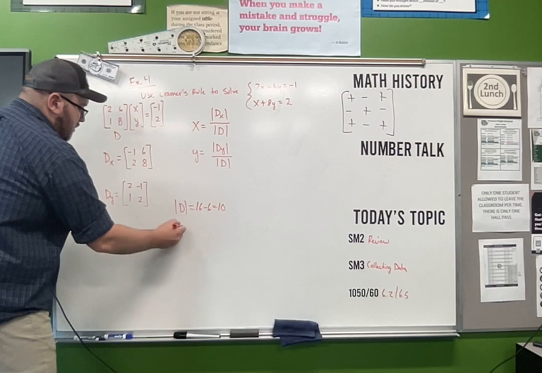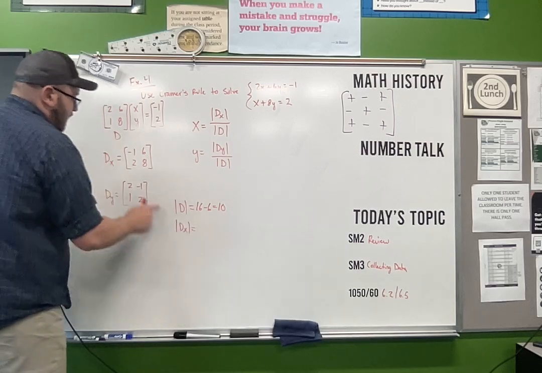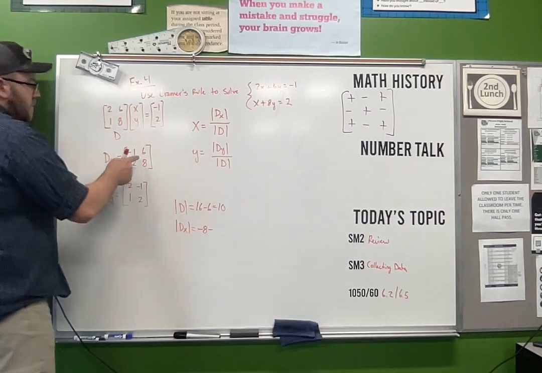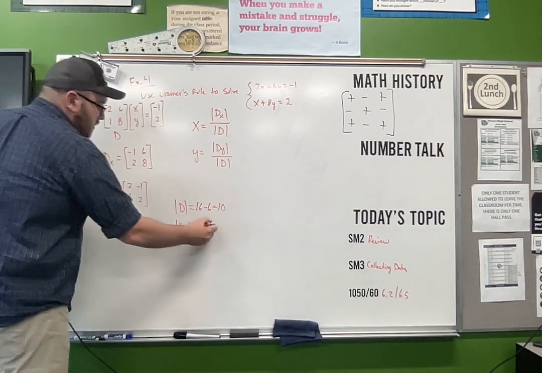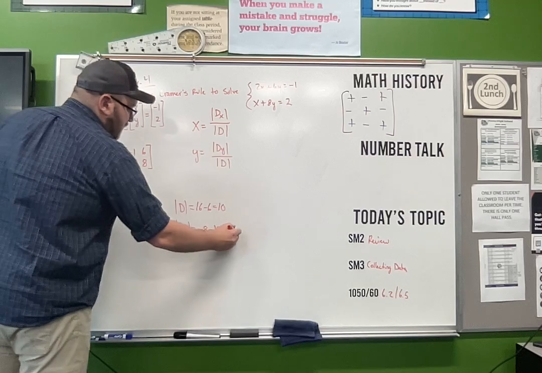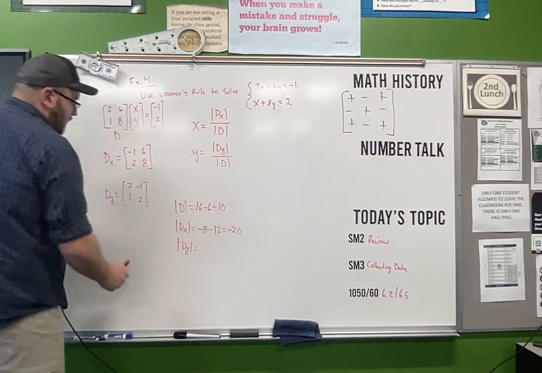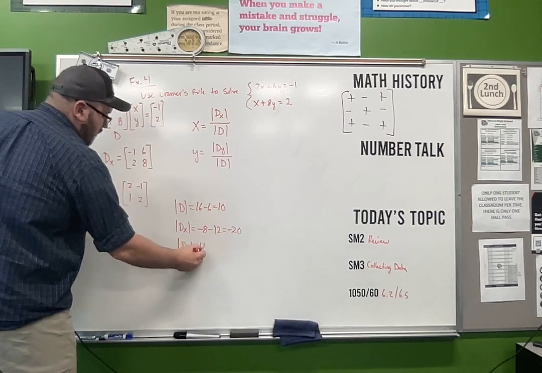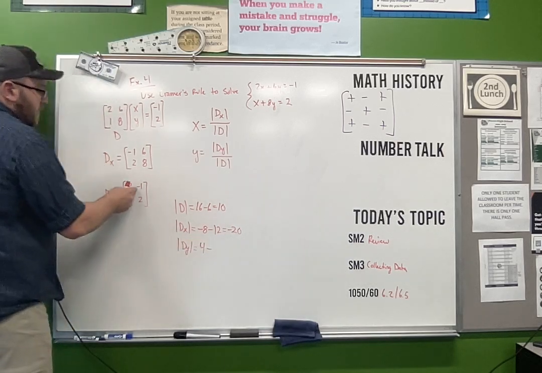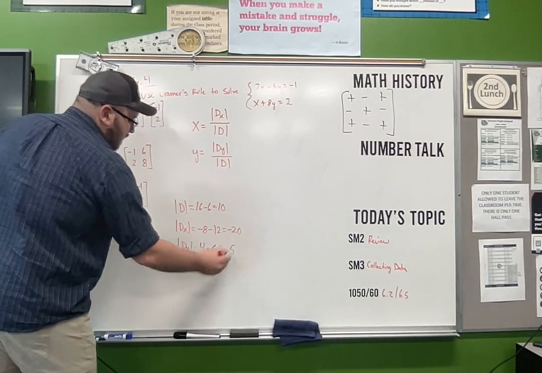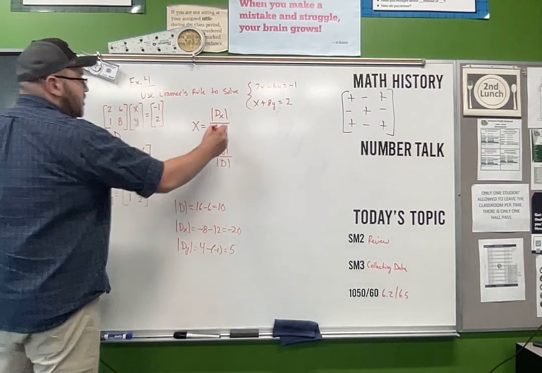Now we need to figure out the determinant of D sub x. -1 times 8 is -8, minus 6 times 2, which is 12. And that gives us -20. And then the determinant of D sub y: 2 times 2 is 4, minus -1 times 1, which is -1, which gives us 5. So now we plug and chug.